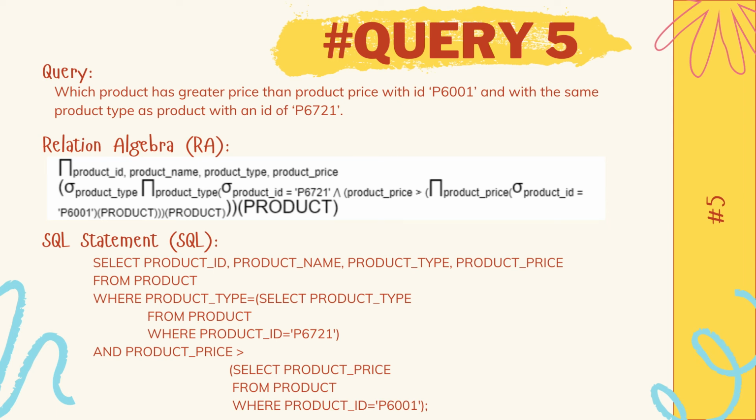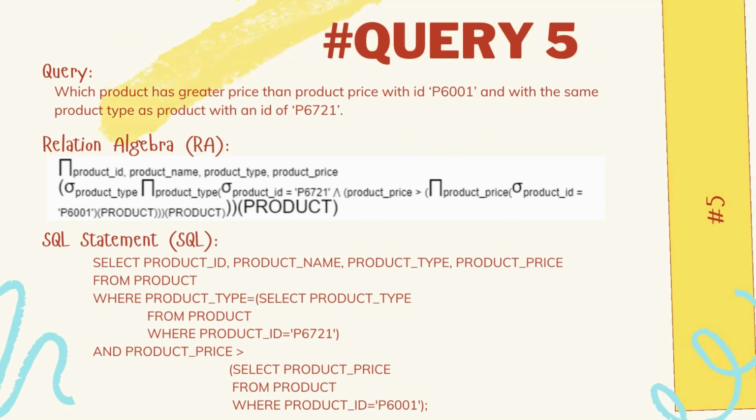Next, for the SQL statement, select product ID, product name, product type, product price from product where product type equal to in bracket select product type from product where product ID equal to P6721 close bracket and product price more than in bracket select product price from product where product ID equal to P6001 close bracket.